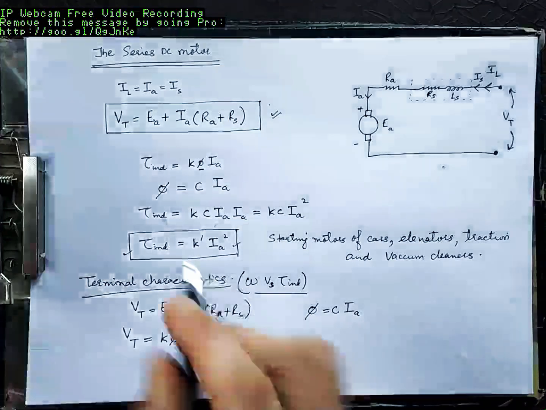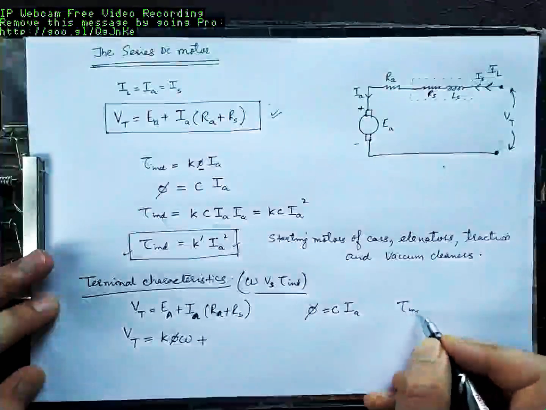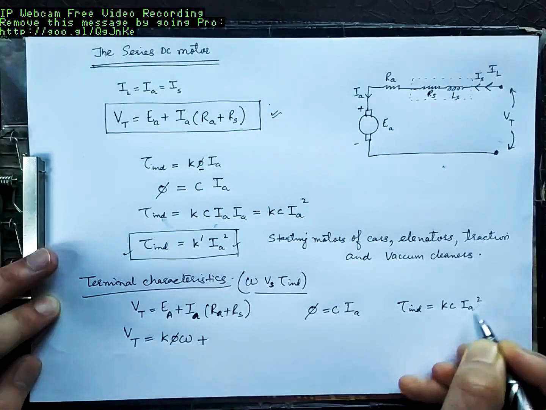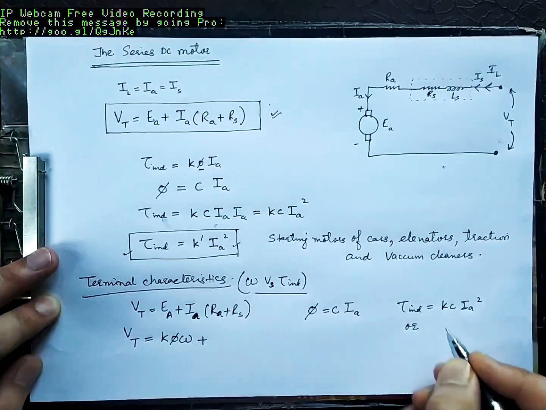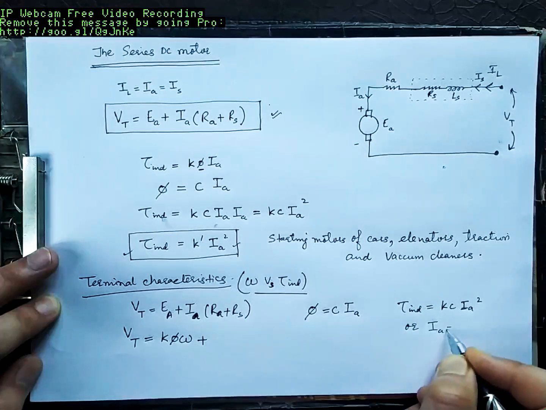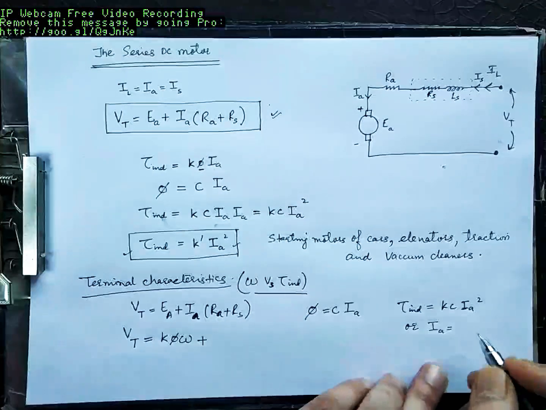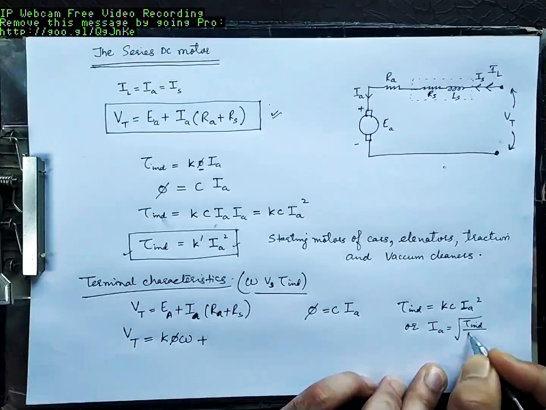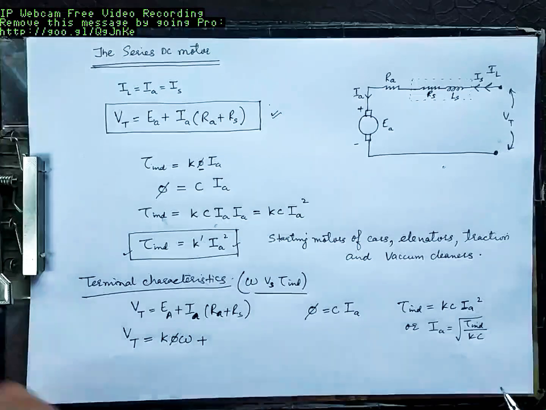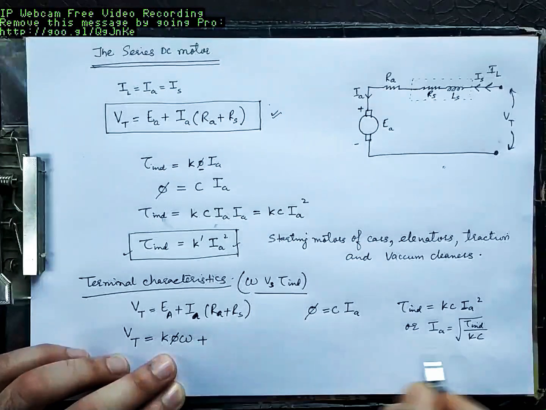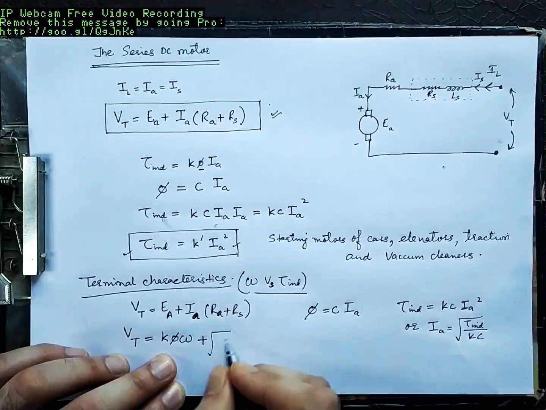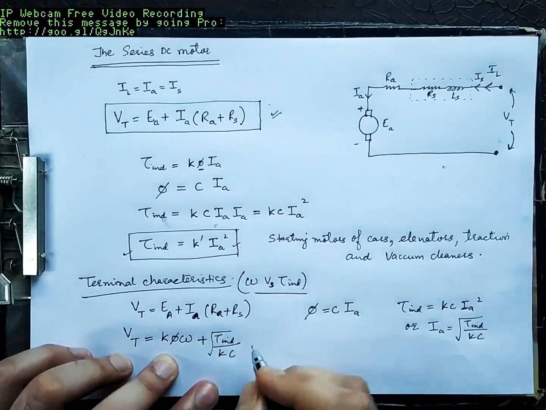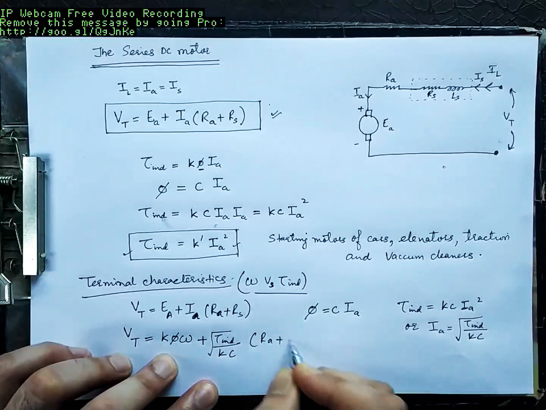We also have T induced is equivalent to Kc IA square, or from this we have IA is equivalent to under root of tau induced by Kc. If I substitute this value of Ia here, I will write it as T induced divided by Kc into (Ra plus Rs).